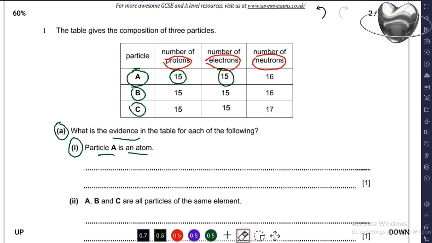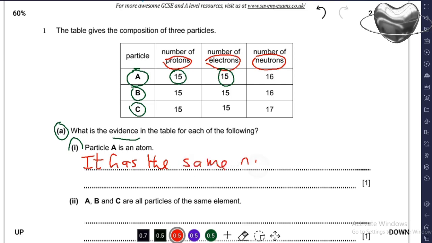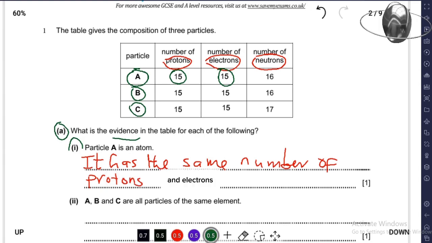So we are going to say the evidence is it has the same number of protons and electrons. This is the correct answer, my dear learners. You will get your 1 mark without fail.